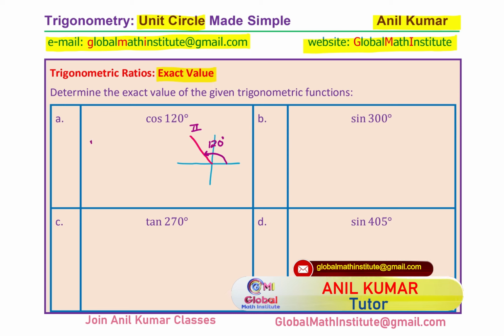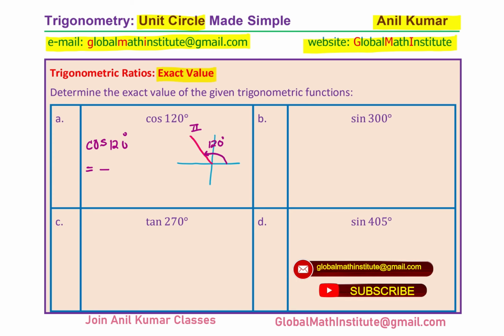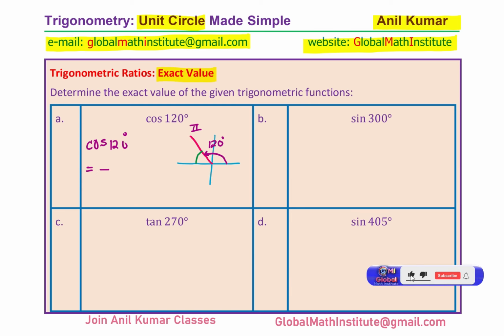So you can write down that cos of 120 degrees is equal to a negative value because you are in quadrant 2. Now to find the exact value, what should you do? Find the related acute angle beta. This is the angle which is 180 minus 120, that gives you 60 degrees. That is called the related acute angle beta.